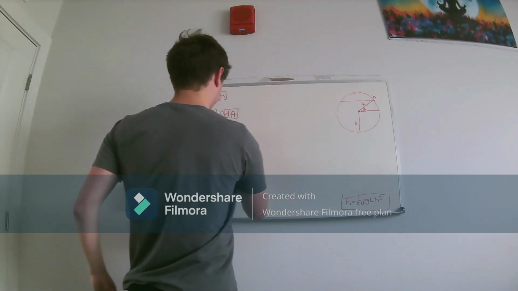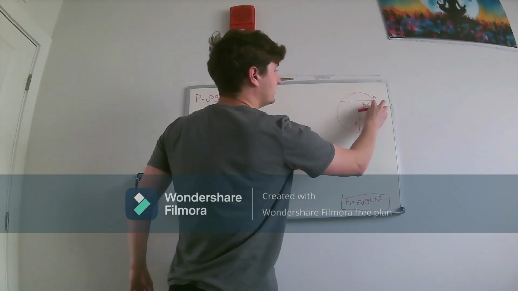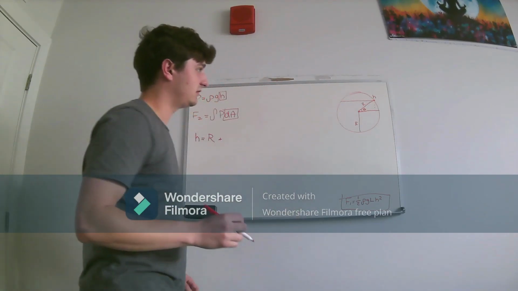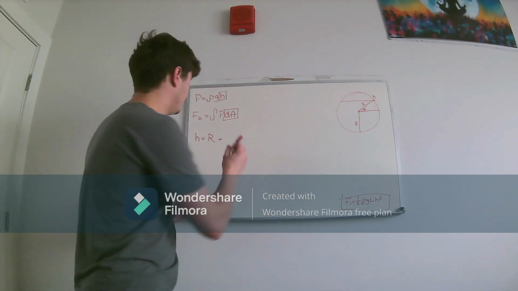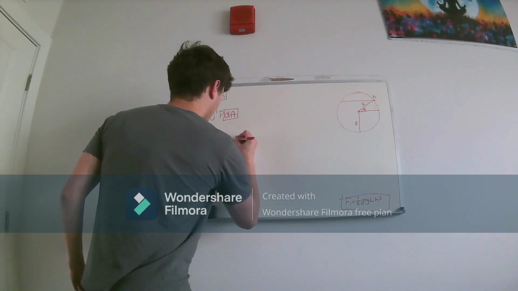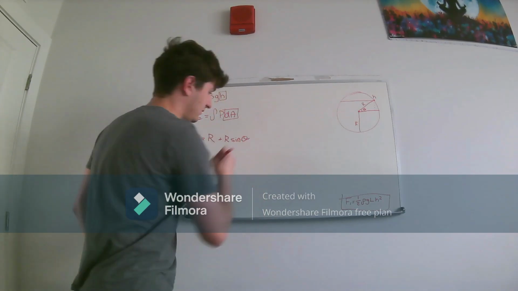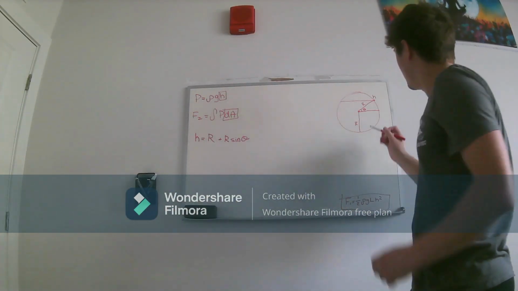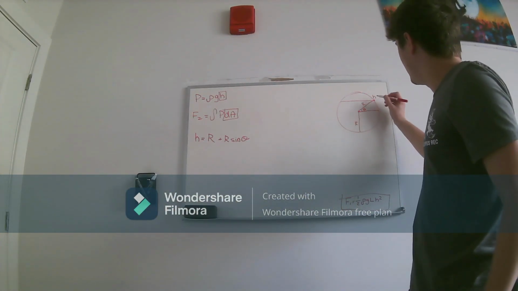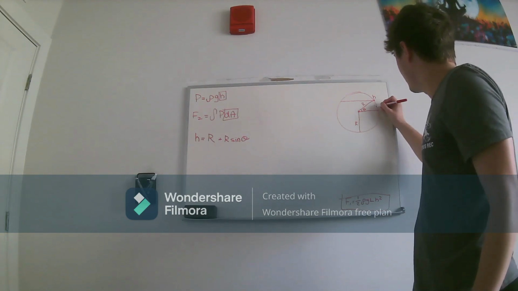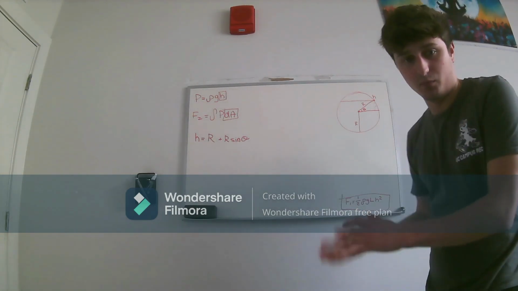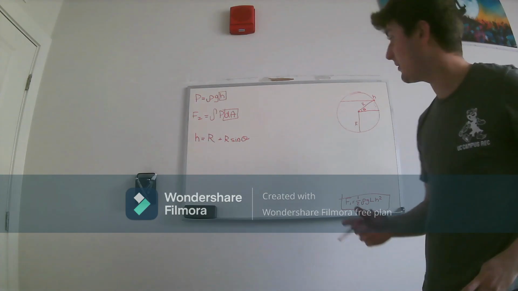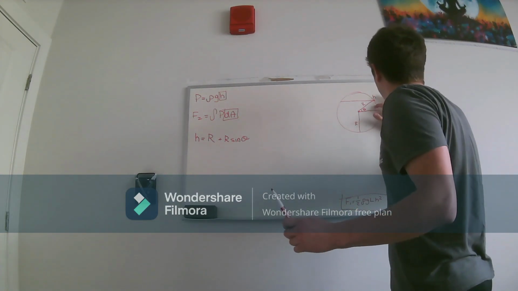With a little bit of rearranging, we would get that it is R sine theta, and that's going to be our height. Because we would have sine theta equal to this right here over R, move the R over as it's in the denominator, and you get R sine theta.